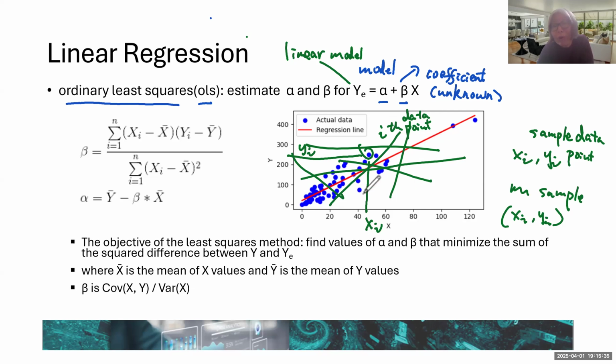Then among all of those, which one is the best? The one that makes all of the samples close to this red line. Why do we choose this red line?